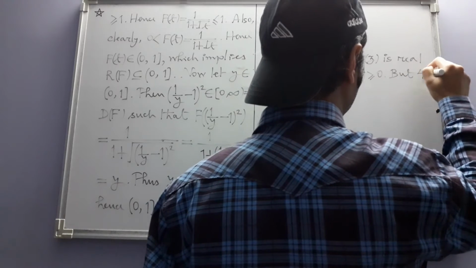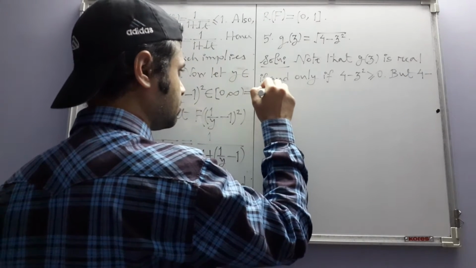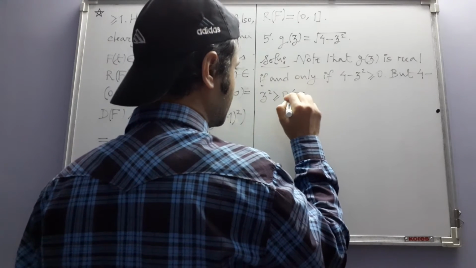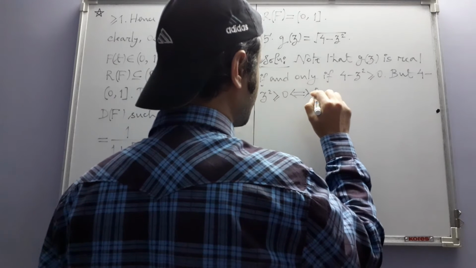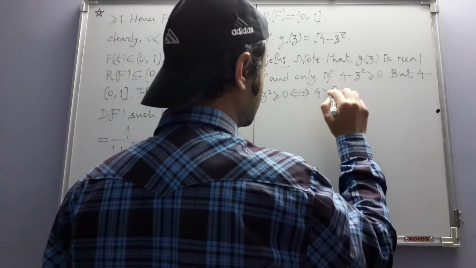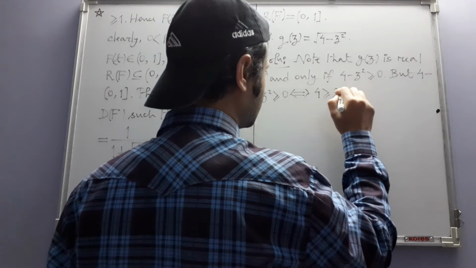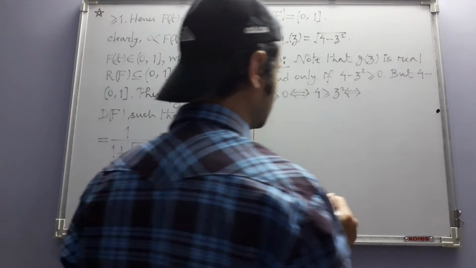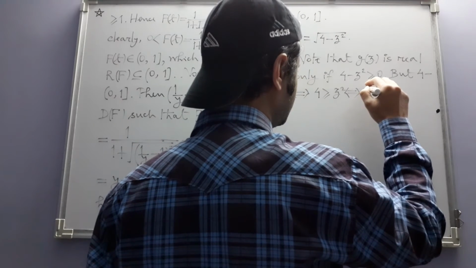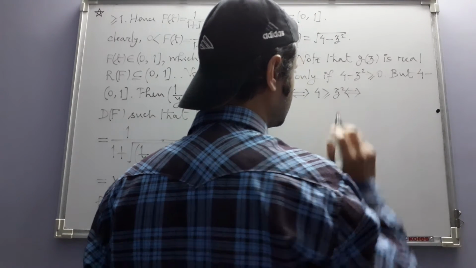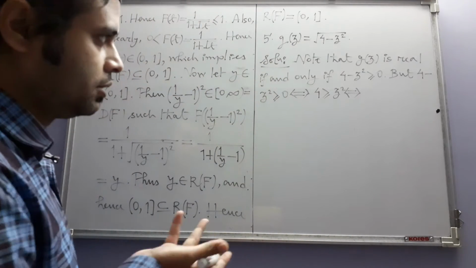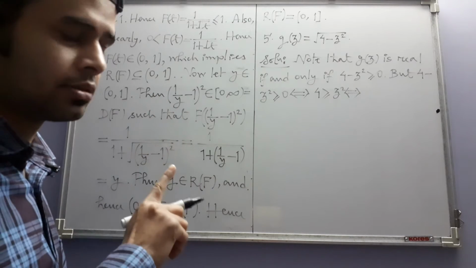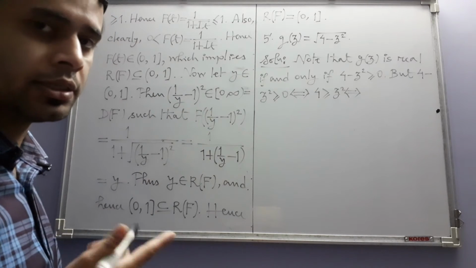But 4 minus z square is non-negative if and only if 4 is greater than or equal to z square. Here we have to decide what z is by recalling those quadratic inequalities that we solved.